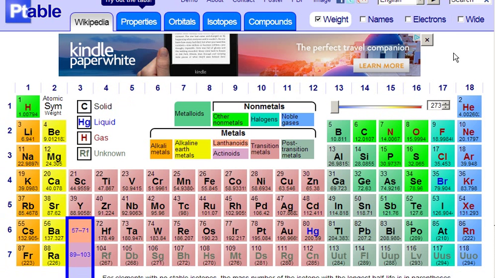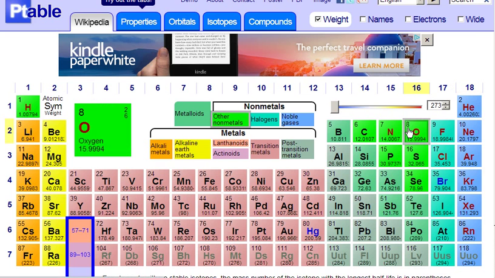So let's go to the periodic table and make sense of what I mean by this. Here's the periodic table. Our question asks for 10 electrons. So if I go to the periodic table and find a nucleus with 10 protons, I find neon, because the atomic number is 10. That's the number of protons.